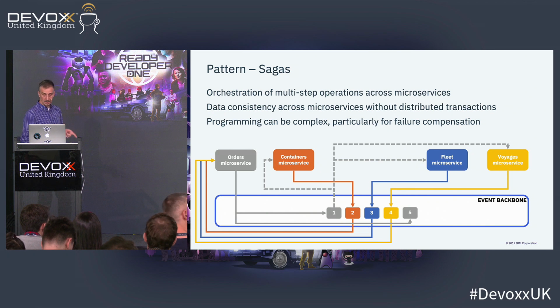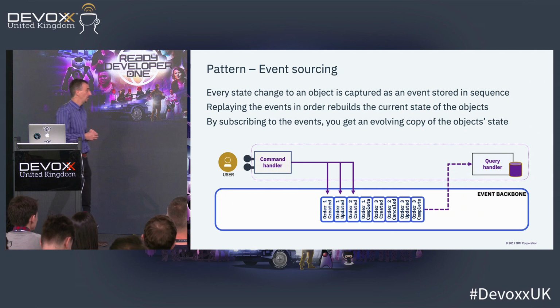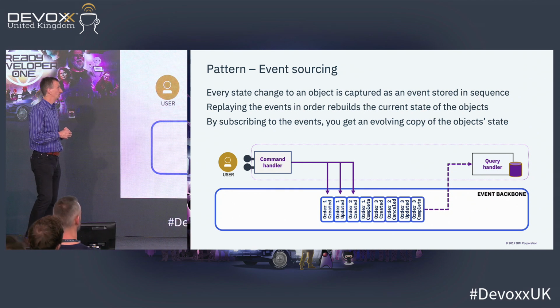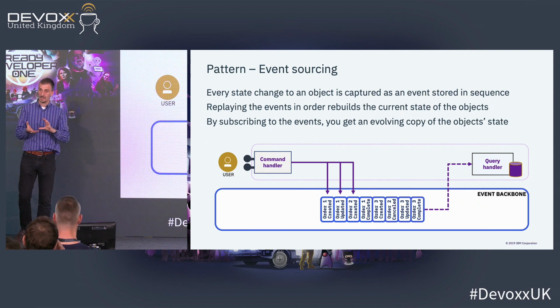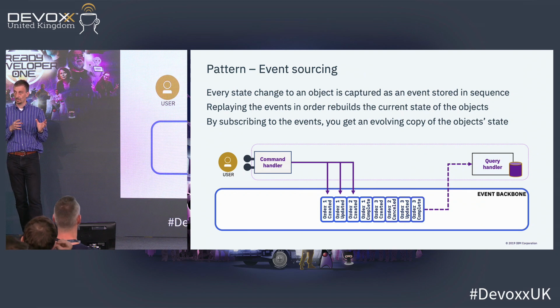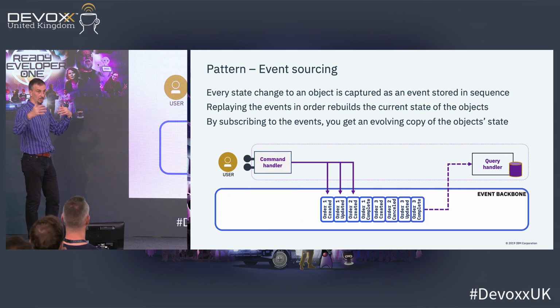Another pattern which people quite commonly use, or I think it's more correct to say they talk about quite commonly, is called event sourcing. This is a simple example of event sourcing. What you do is you say, every change to one of my objects becomes an event, and I write it into the event backbone. Then I end up with a history, or an audit log, of my entire business in terms of the events which happened.